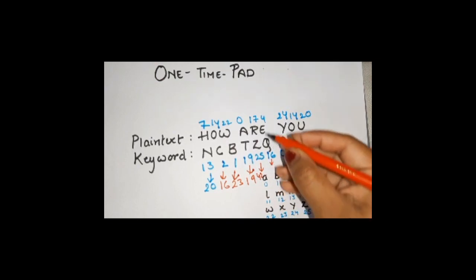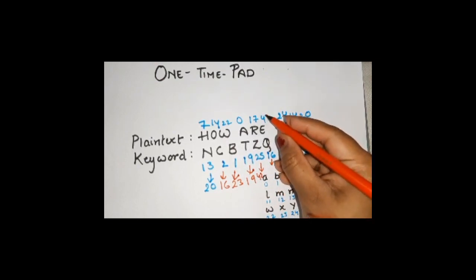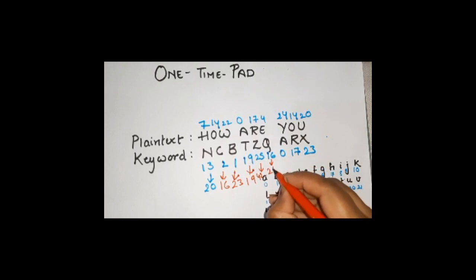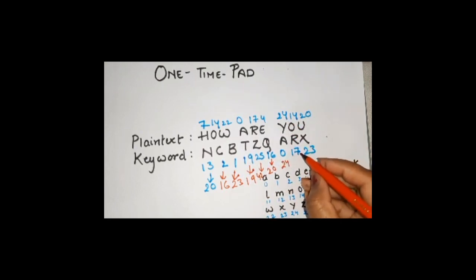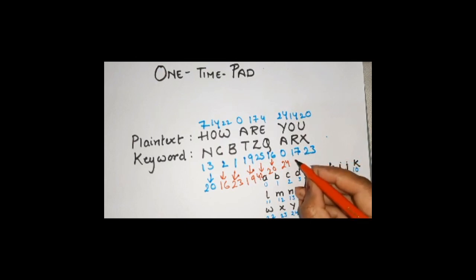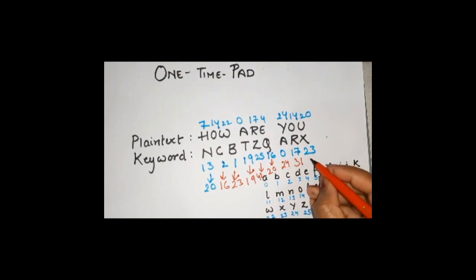And E and Q, that is 4 and 16 will give me 20, 24 and 0 will give me 24, 17 and 24 will be giving me 31, and after this 20 and 23 will be giving me 43. This is the sum value.